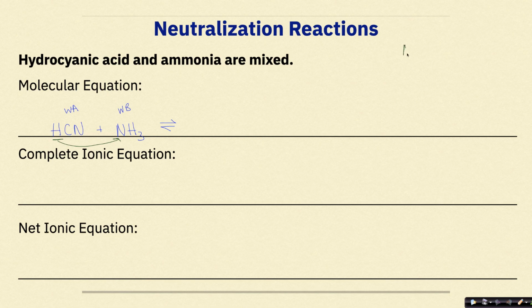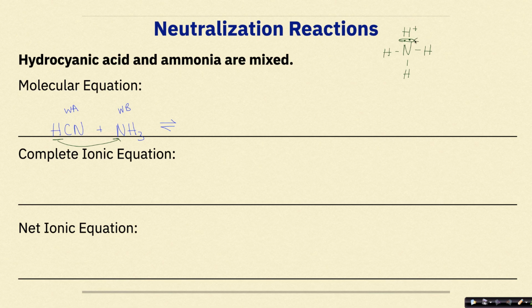Well, if you think about the structure of ammonia, there are covalent bonds between the nitrogen and the hydrogen, and then you know that nitrogen has a lone pair up on the top. When HCN donates that hydrogen ion to the ammonia, we form the ammonium ion. So that H+1 snuggles up close to this lone pair right here, which I'm just going to circle.